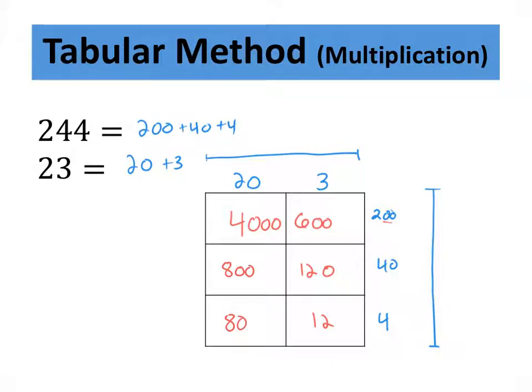So this way, when we go to add things together, we've got 4,000 plus 600 plus 800 plus 120 plus 80 plus 12.